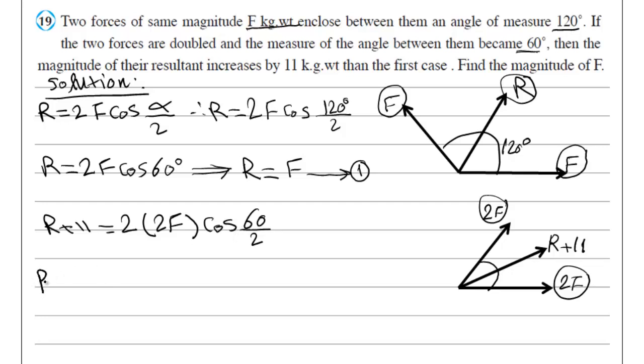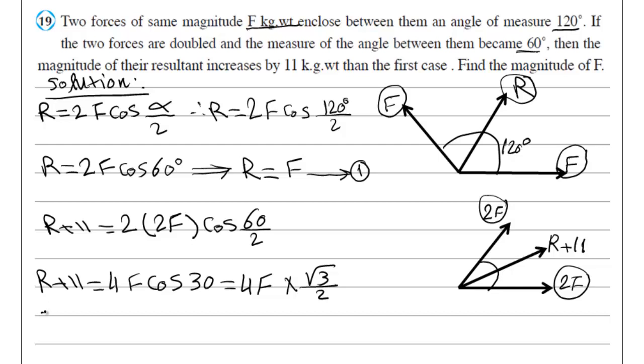R plus 11 equals 4F cosine 30, which equals 4F cosine 30 equals root 3 over 2.